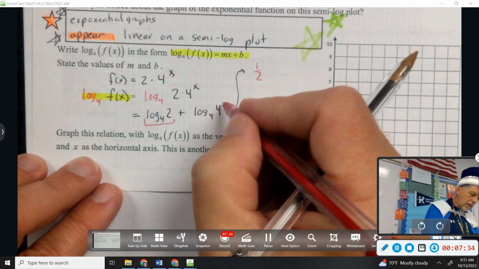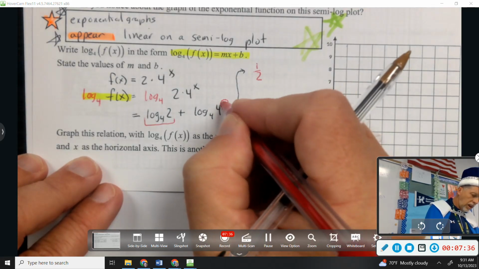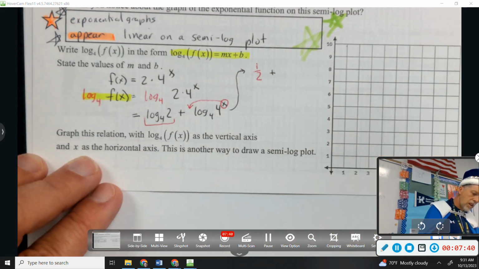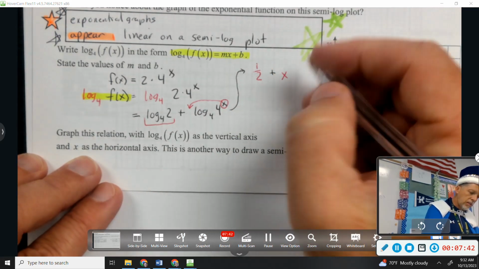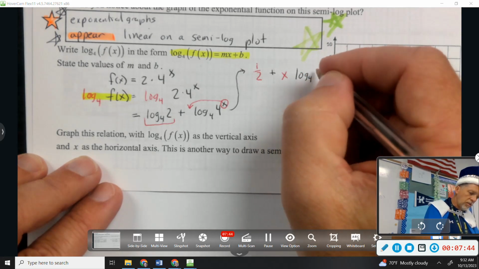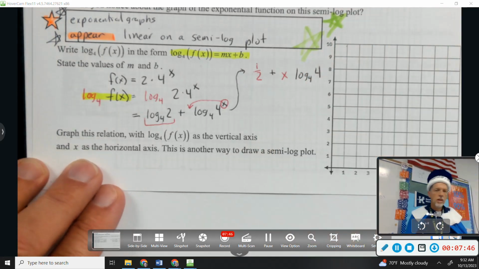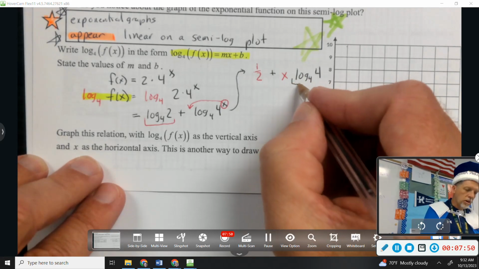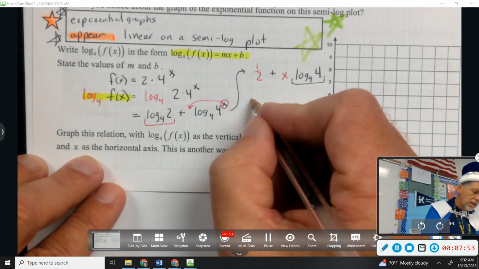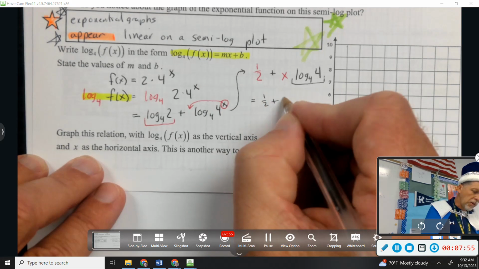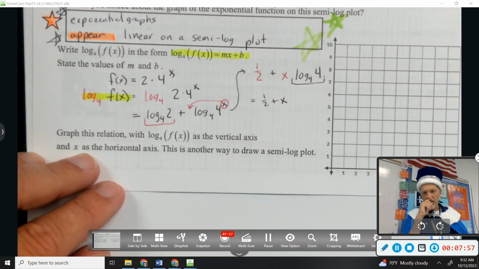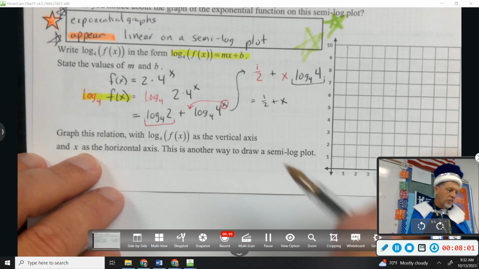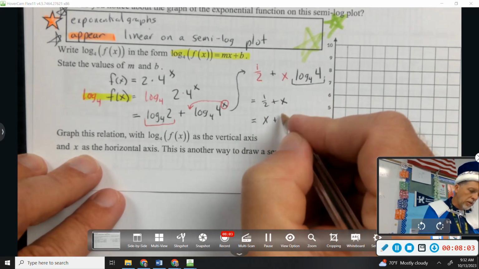And then on the second one, we take that x down front. x times log base 4 of 4. But what's log base 4 of 4? 1. So this is 1/2 plus x. Which is pretty much right, but if it wants the mx first, then we should write x plus 1/2.